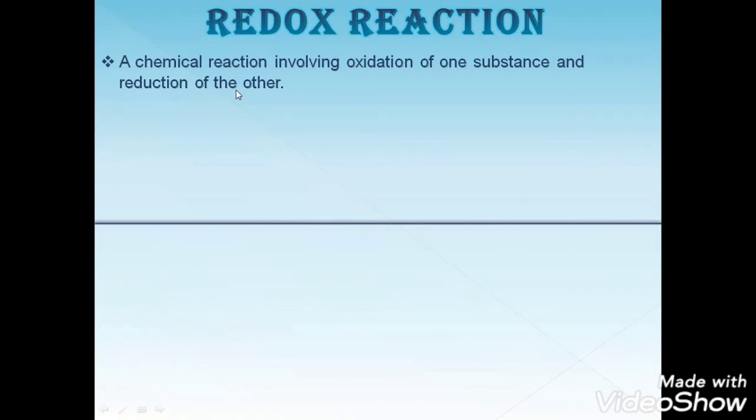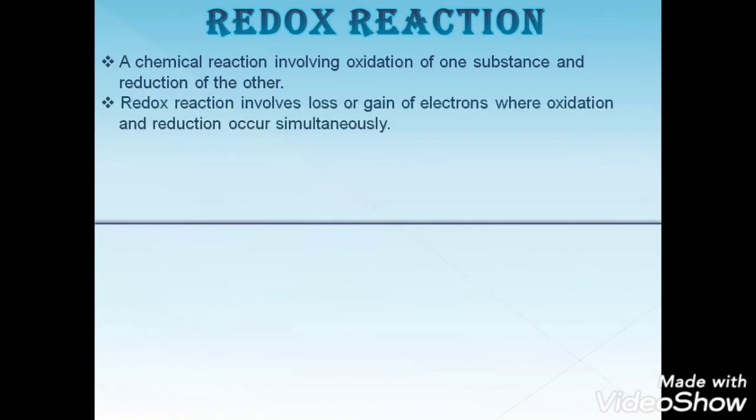And in terms of loss or gain of electrons, we have one more definition. Redox reaction involves loss or gain of electrons where oxidation and reduction occur simultaneously. That means if one substance loses electrons, the other has to gain. So when this occurs simultaneously, we call such a reaction a redox reaction.